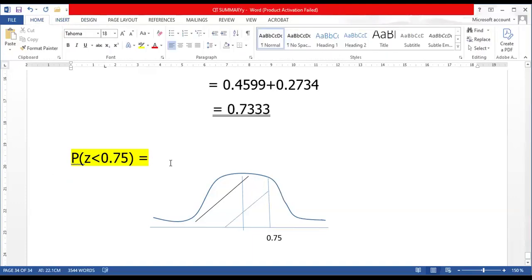From here to infinity is 0.5. Then add from here to here, which is the probability from 0 to 0.75, the one you have here.